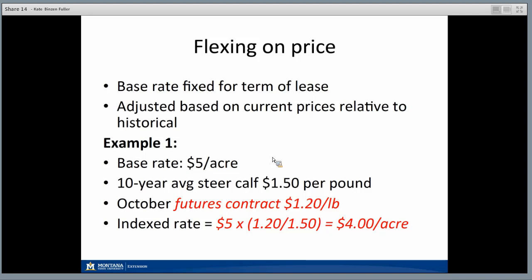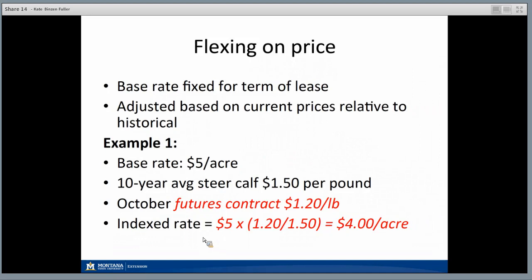So I'm going to say that 10-year average is $150 per pound. That's actually pretty close to what it is. And I'm going to say the October futures contract is $120 per pound.